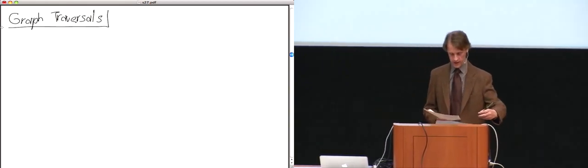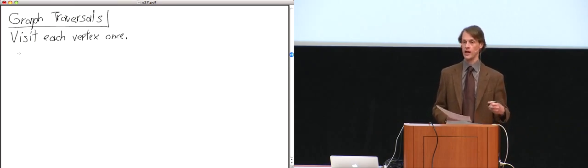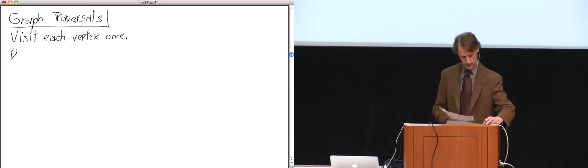But for those of you who haven't already studied that, let's take a look at basic graph traversals. And again, a graph traversal is a way of visiting each vertex once. And there are two really famous graph traversals called depth-first search and breadth-first search.